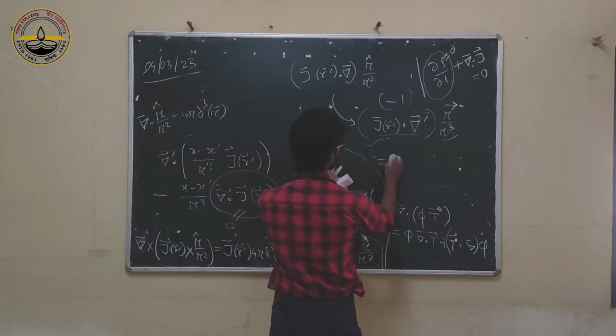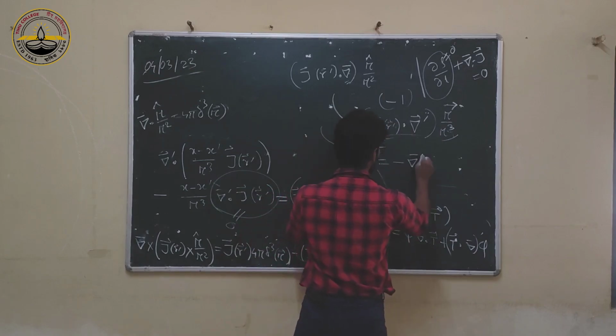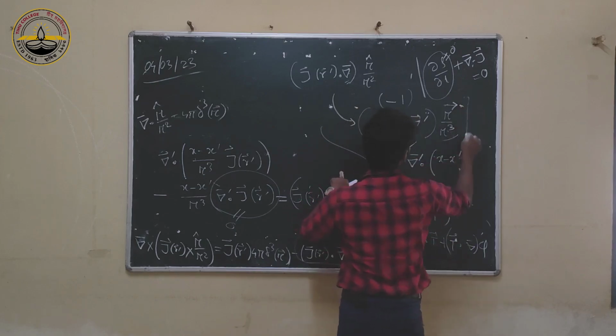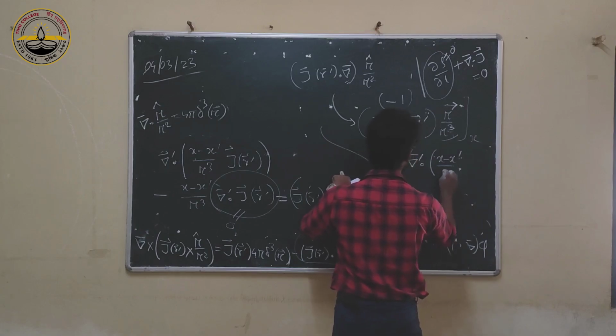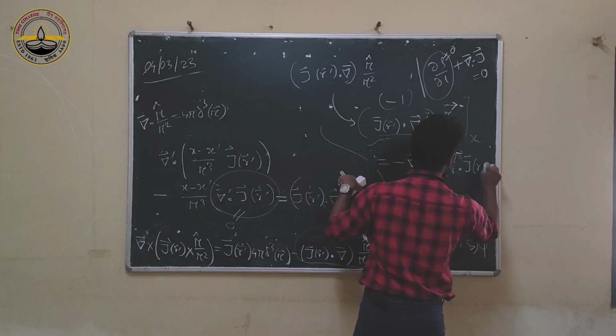So this becomes that minus del prime dot, for just one component I'm writing right now, the x component, let's say, over r cube j of r prime.